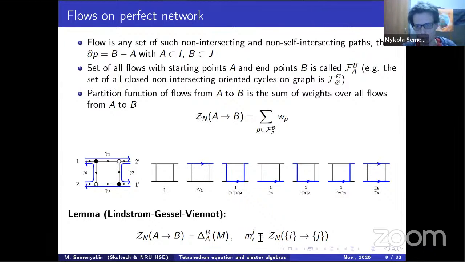So M_ij is a matrix whose matrix element in column i and row j is the sum over all flows which go from i to j of the weights of these flows.